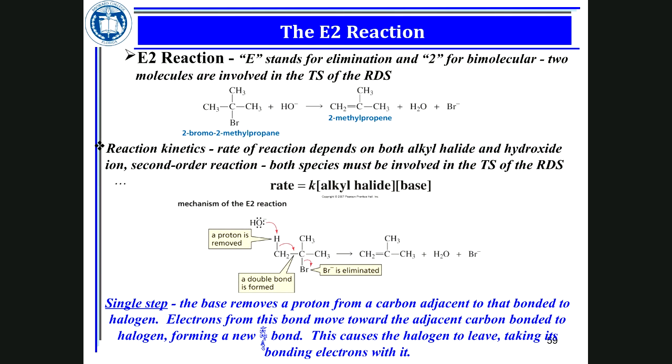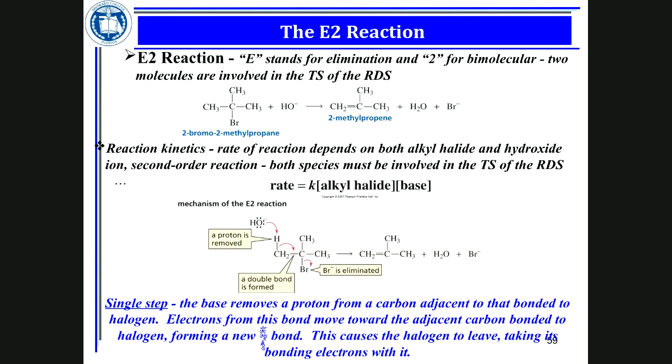For elimination reaction, we are not dealing with the strength of the nucleophile, we are dealing with the strength of the base. We need a strong base to remove hydrogen. Where are we removing hydrogen? After the carbocation forms, we need to remove hydrogen from the adjacent carbon.